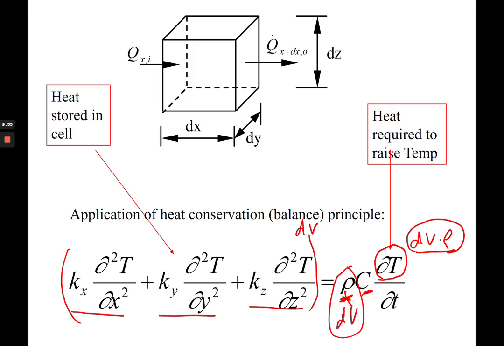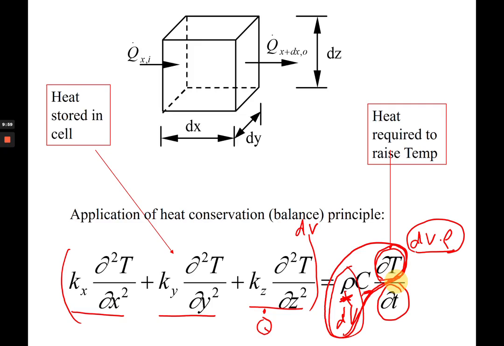But of course, energy is not the same as heat. On this side is heat, and heat is the rate of change of energy. So we divide the energy here, which is due to this temperature increase, by time. Okay, that's the heat in the end.